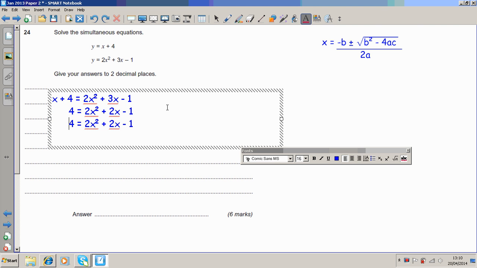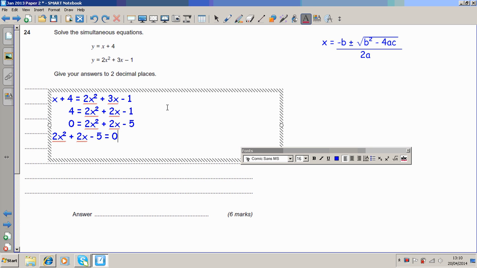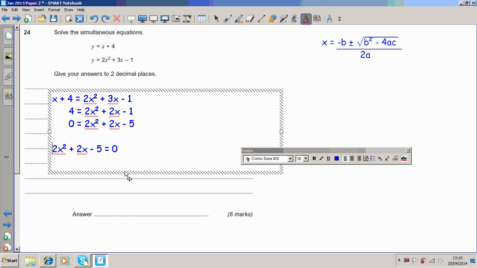And finally, if I'm going to take 4 off of here, I'm going to take 4 off of there as well. So I get to that there. And then all I'm going to do, just finish off, is I'm going to turn that round to face the other way round, because I quite like to have my equals 0 on the right hand side, just so it looks familiar to me.